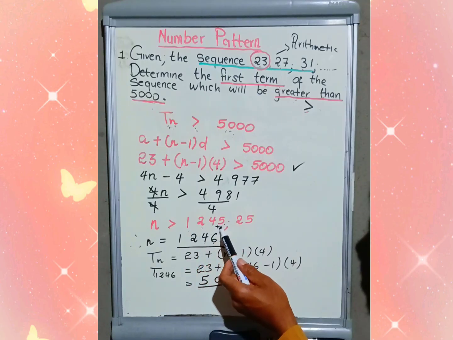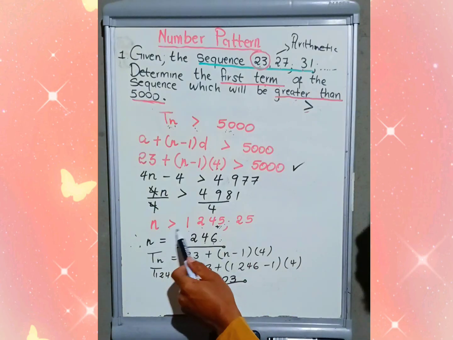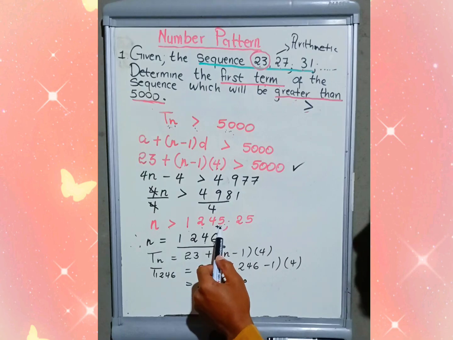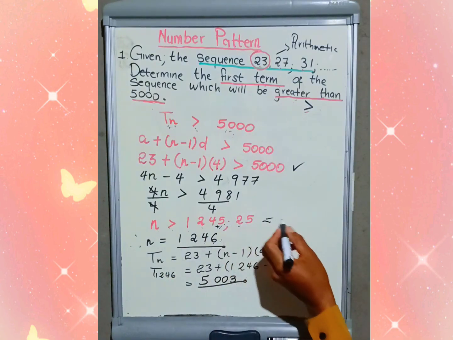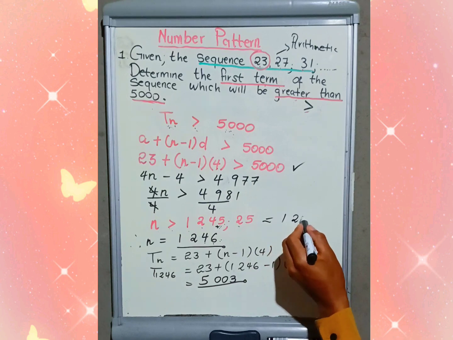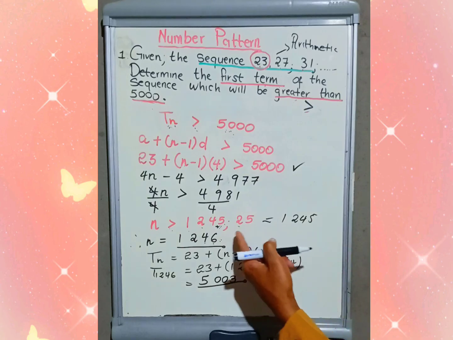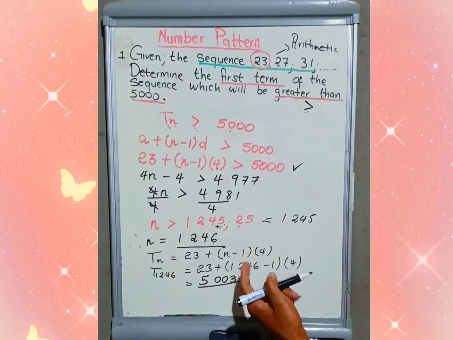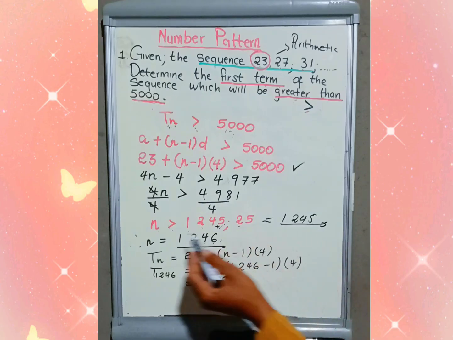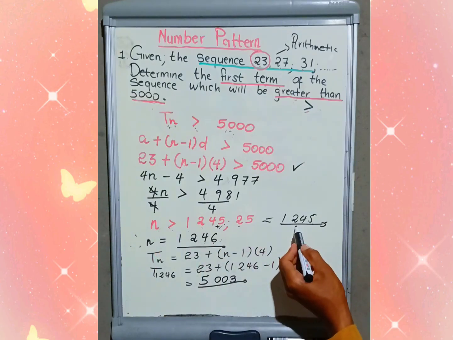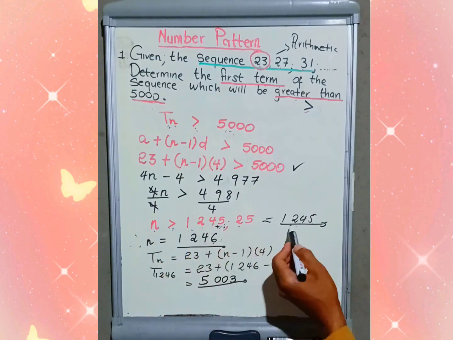If you round off this number to the nearest whole number, that means now we're going to say that n is less than, because when I round off this number, I'm going to get 1245. But the value of n now is less than. Do you see that? N is not now greater than this number, but n now is less than.